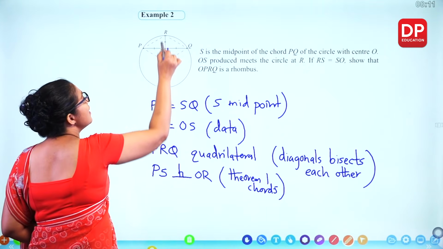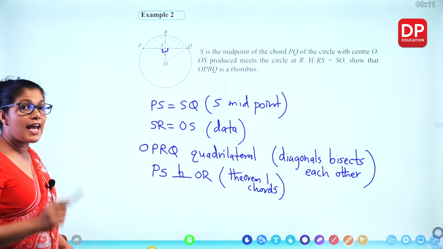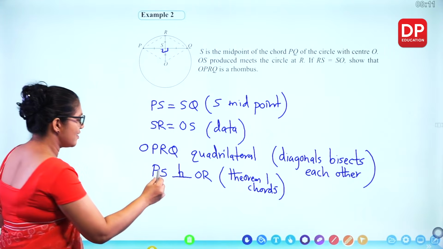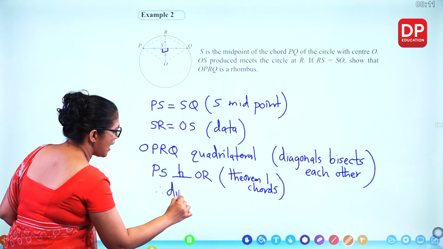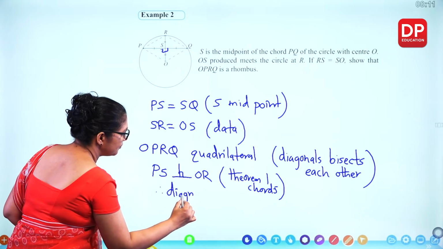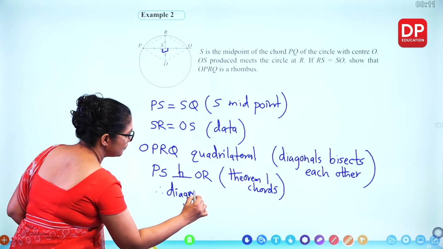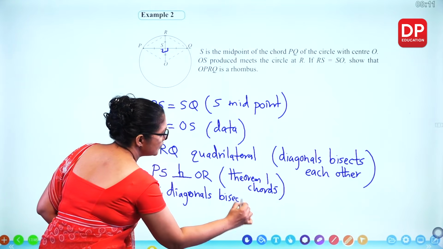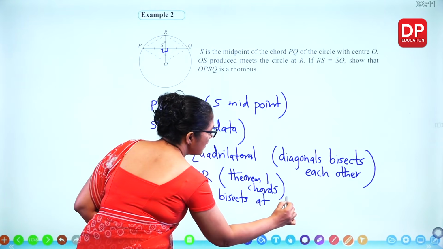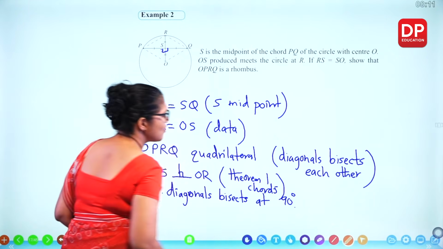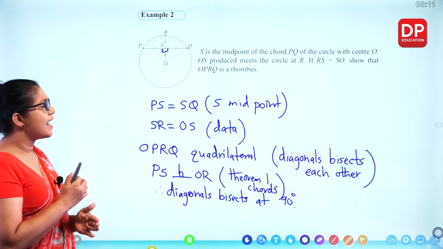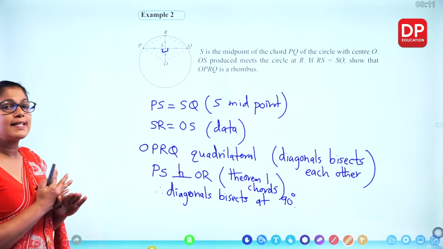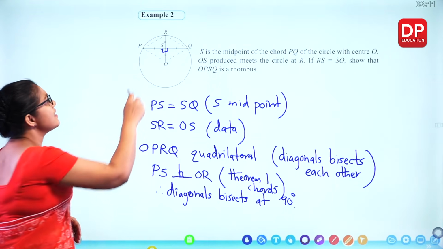So here we see diagonals bisect at 90 degrees. So what can you say about diagonals bisect each other as well as bisects at 90 degrees?